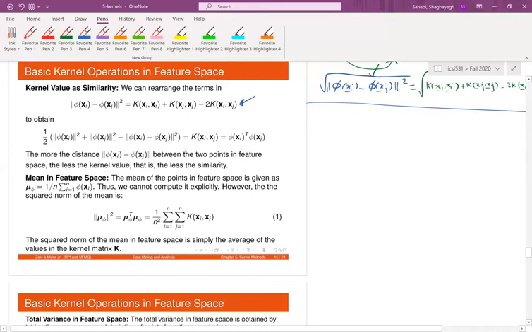Although it has its own issues, for example, not being robust. But let's see what the mean in our feature space is.